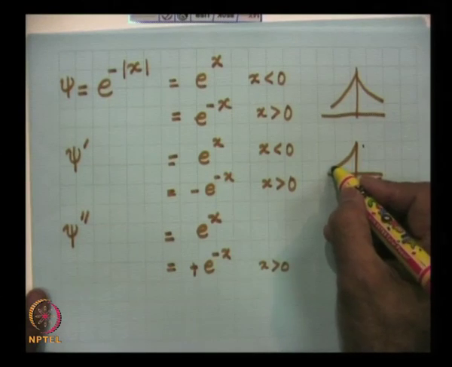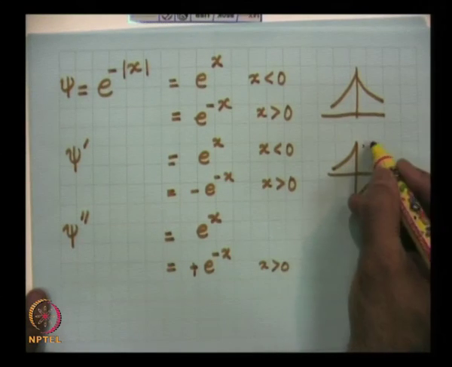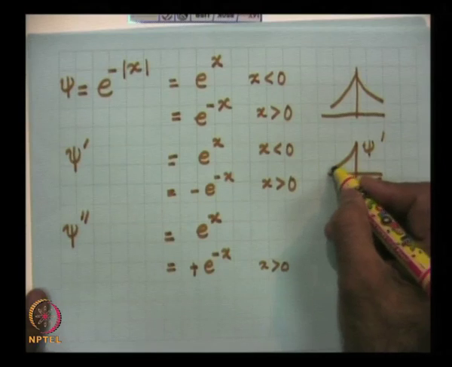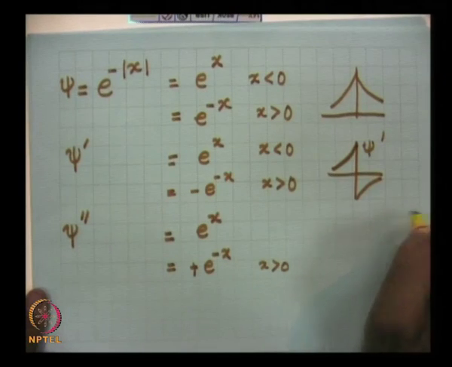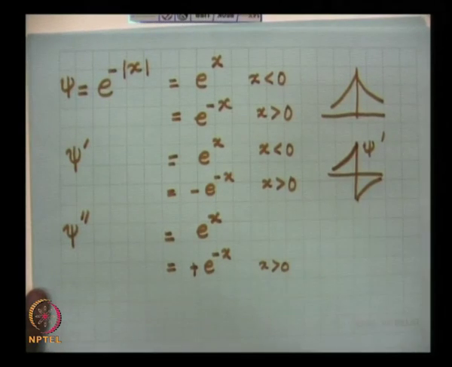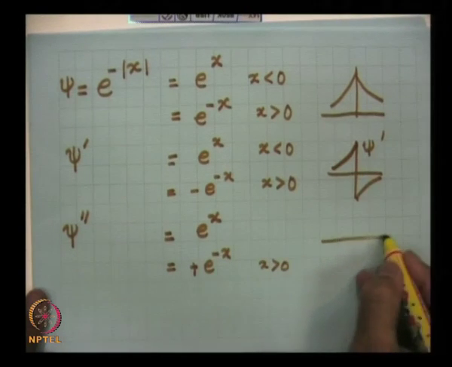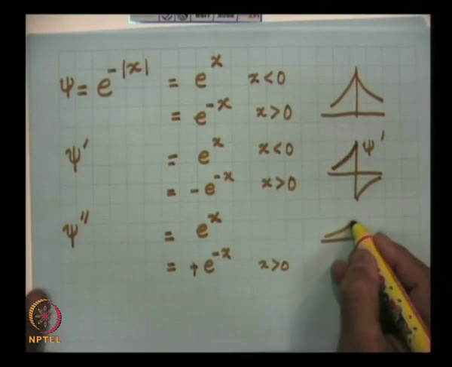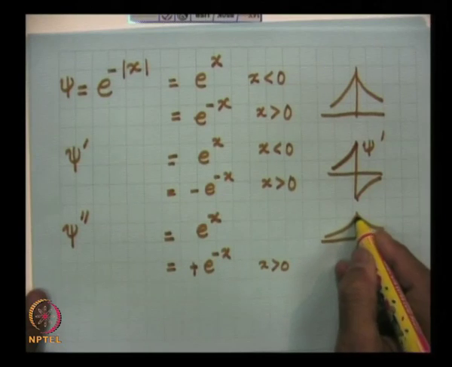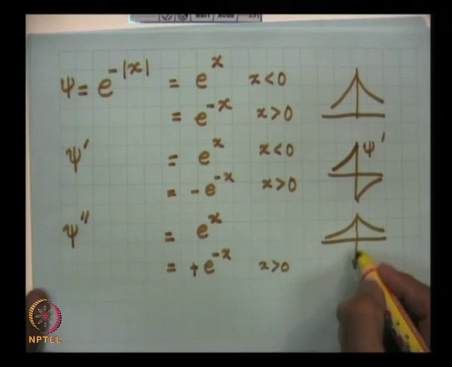So, the derivative, if you approach from the left hand side, this is psi prime, has a value plus 1 and has a value minus 1 if you approach from the right hand side. So, at x equal to 0, if you plot this, it will be something like this, but there is a Dirac delta function at the origin.